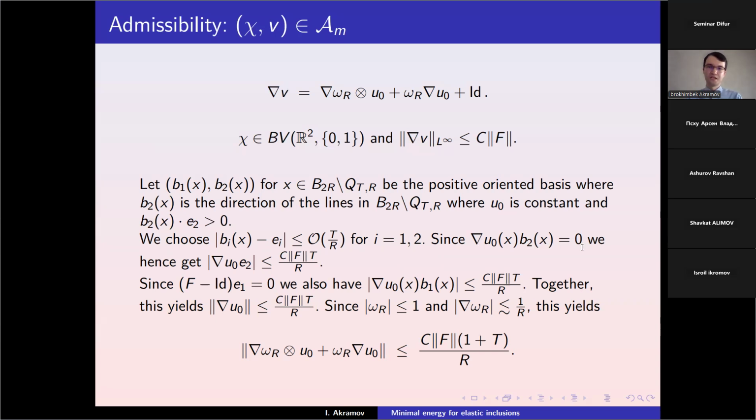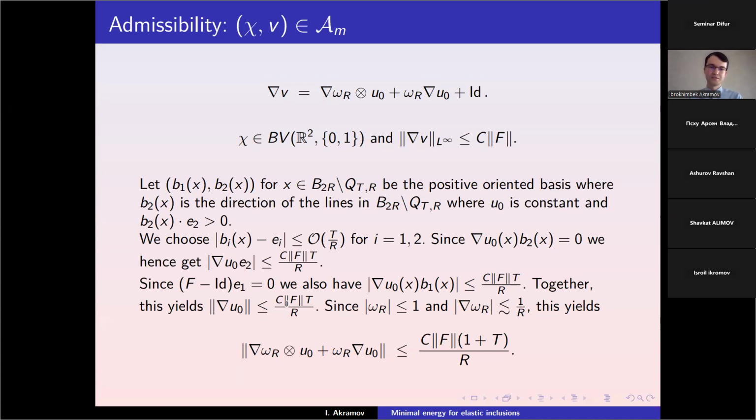And since nabla u0 x times b2x is equal to 0, we get that nabla u0 e2 is smaller than C times norm of F, t divided by r. And since F minus identity times e1 is equal to 0, and this is just an upper triangular matrix times e1, we also have that nabla u0 b1 is smaller than this constant times t over r.